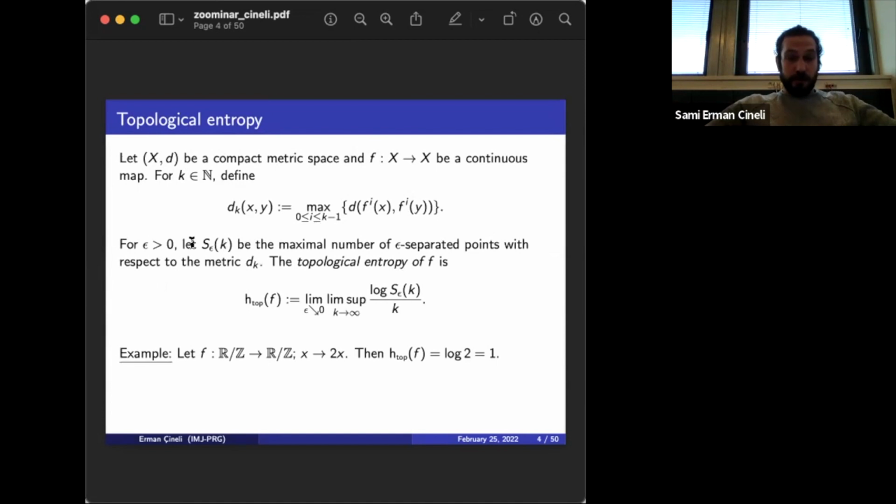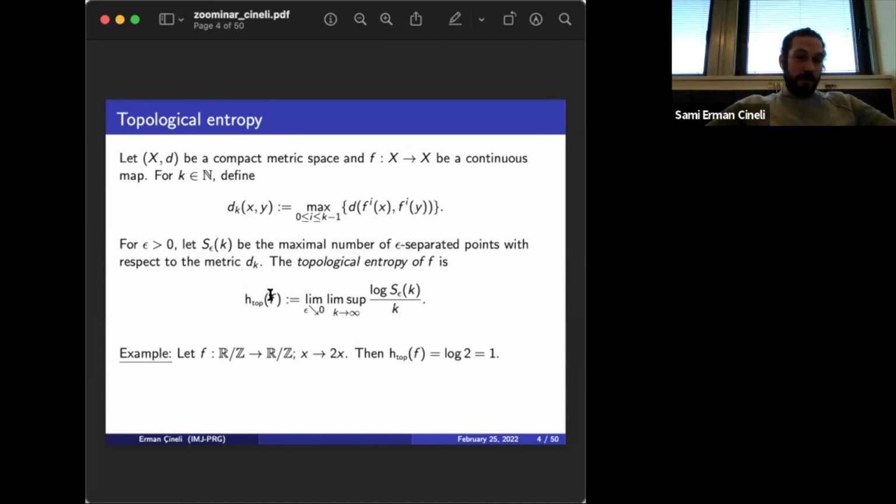Given epsilon positive, let S_epsilon(k) be the maximal number of pairwise epsilon-separated points with respect to this metric d_k. Then the topological entropy is given by this equation. First we fix epsilon, then look at the exponential growth rate of S_epsilon(k), and then send epsilon to 0.